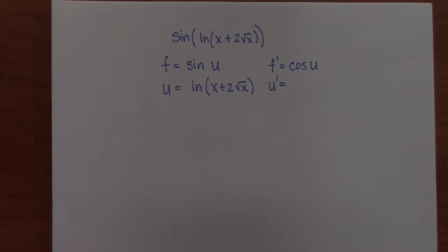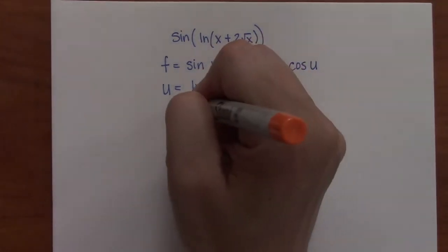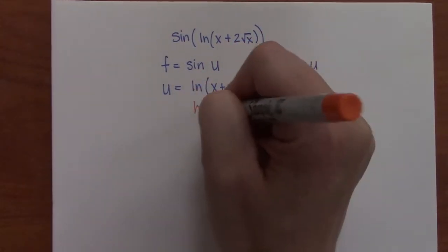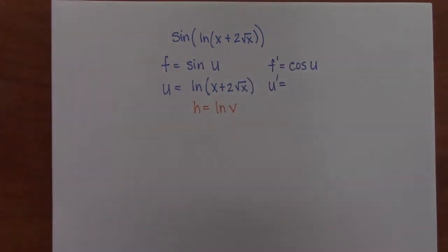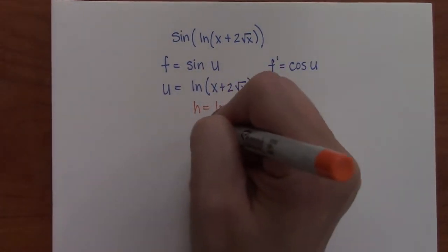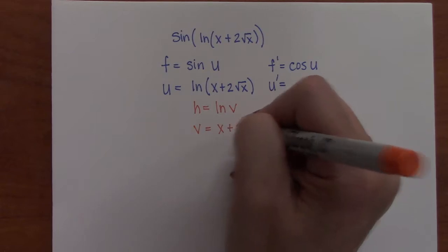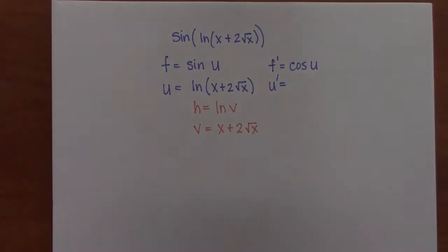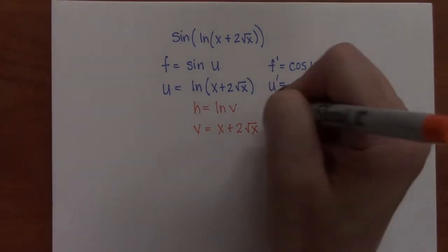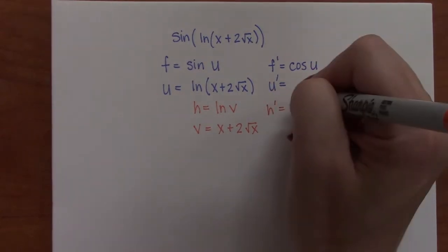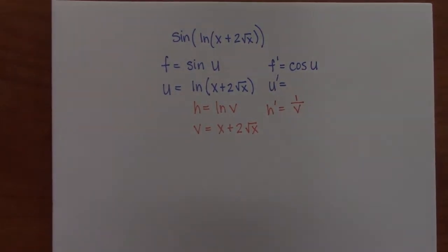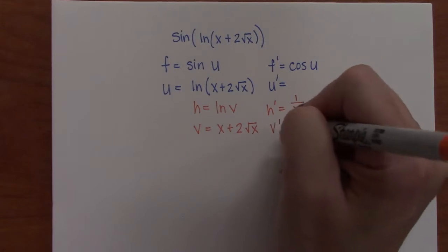So this guy, the outside function, let's call it ln of v, where the inside function v was x plus 2 square root of x. So h prime, right, is 1 over v times v prime.